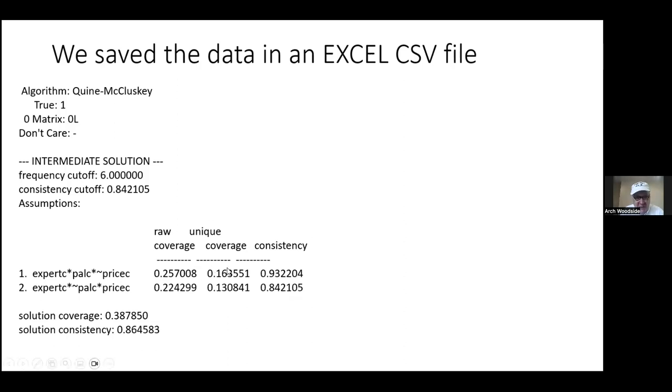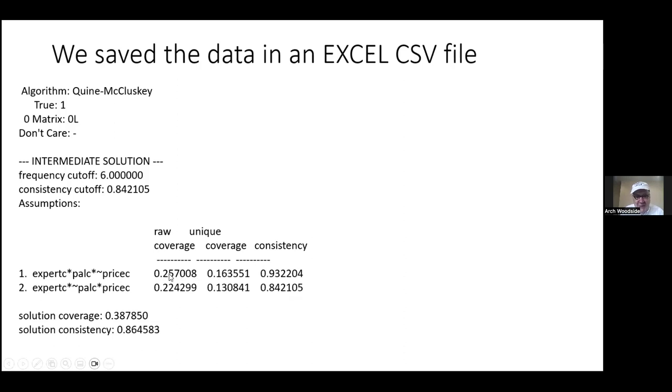The coverage indicates, for example, that the first model was 0.257 for the raw coverage, and sometimes just the raw coverage is reported in papers, not the unique coverage in the middle.